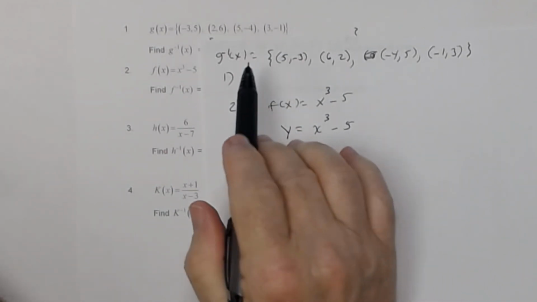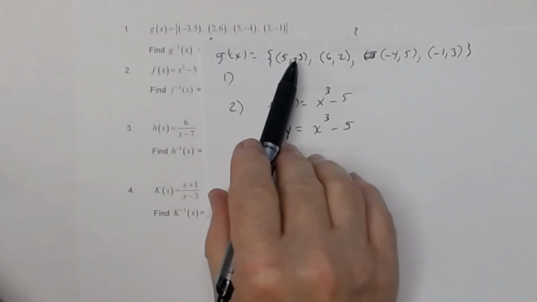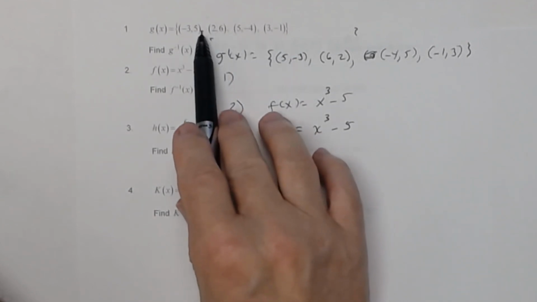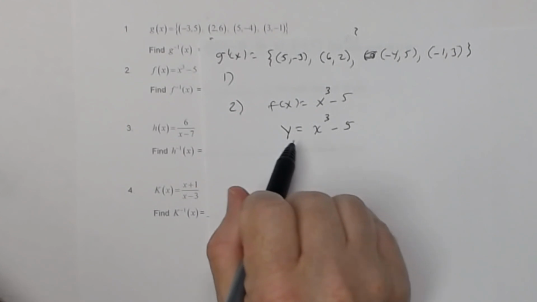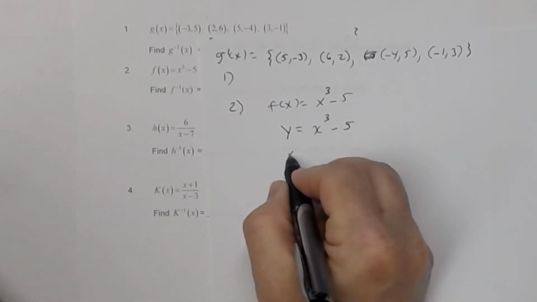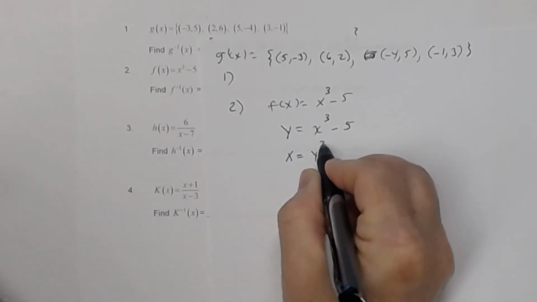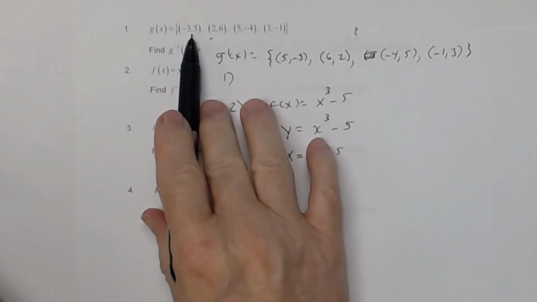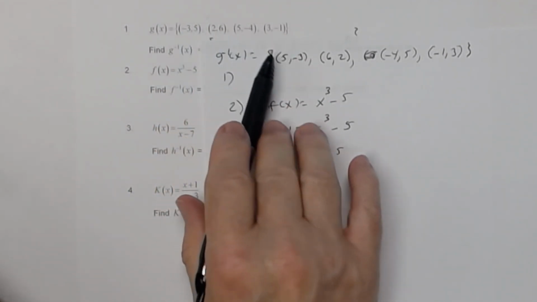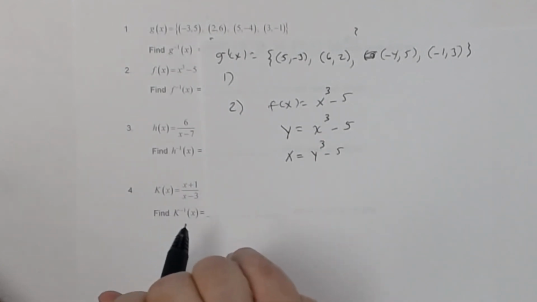Now, remember what we said. The x becomes y, the y becomes x. So now we're going to interchange the variables, and we have x equal y cubed minus 5. That's the idea: the domain becomes the range, and the range becomes the domain of the inverse.